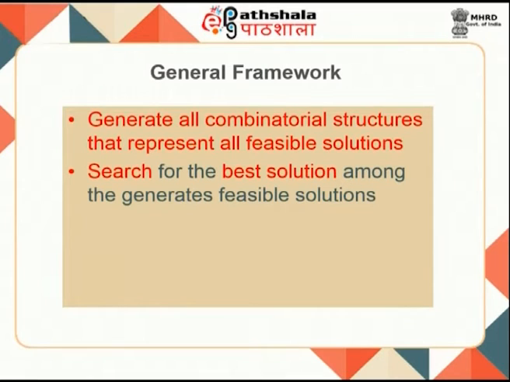And once the solutions are generated, then we are going to search for the best solution among the generated feasible solutions with respect to the feasibility criteria, extremum requirement and the given objective function. This is the kind of general framework we have.